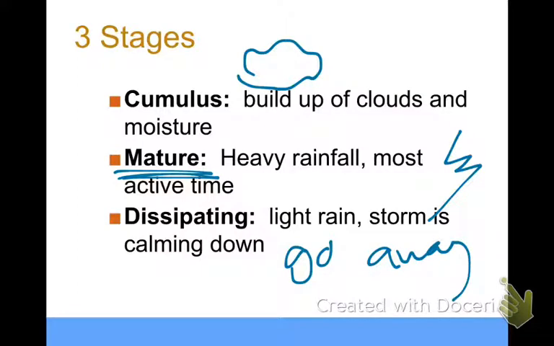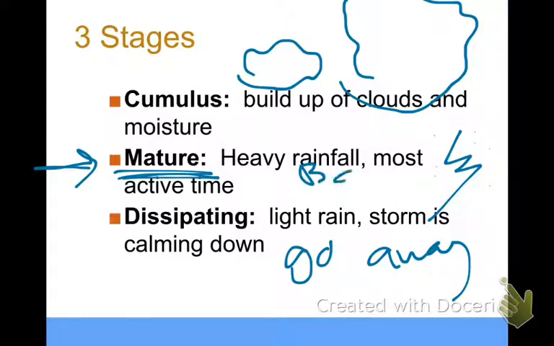So your storm starts as just a nice fluffy little cotton ball cloud. As it continues to grow up into a cumulonimbus cloud, the big giant one, that is when it turns into the mature stage, which gives you the rain and the lightning and the thunder. And then after all of that has kind of gone away, that's the dissipating stage where the storm is dying.